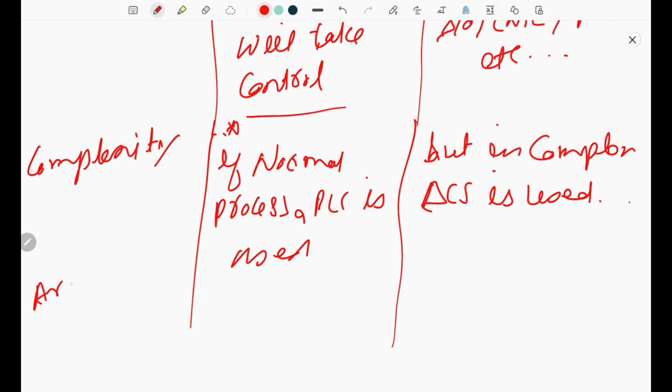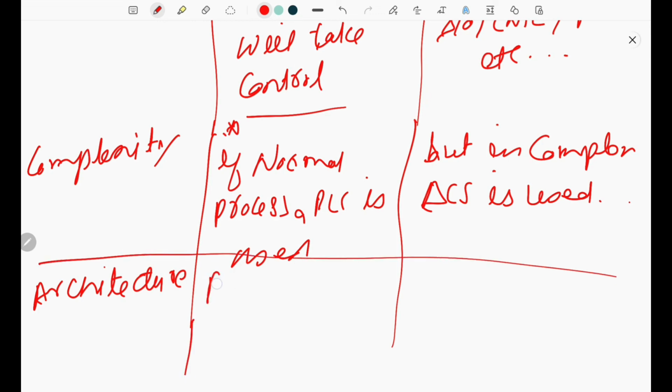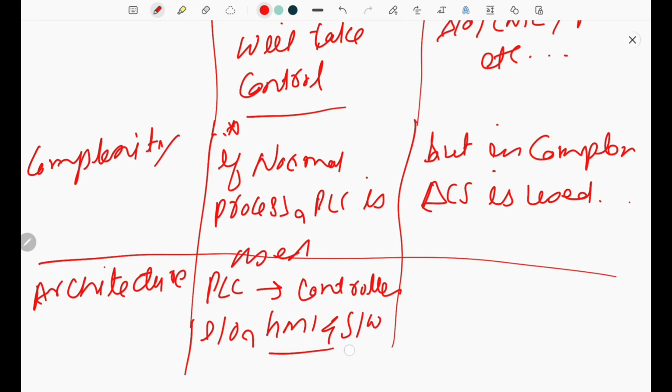Now the architecture-wise difference. In a PLC, the architecture is simple: controller, IO, HMI and some software for handling all the programs.